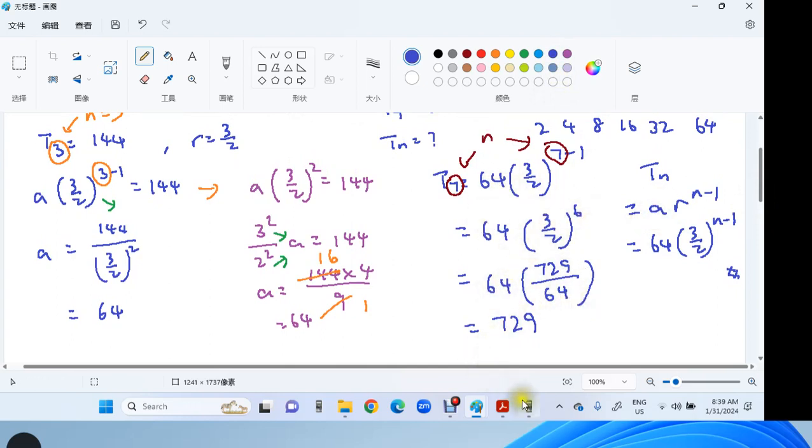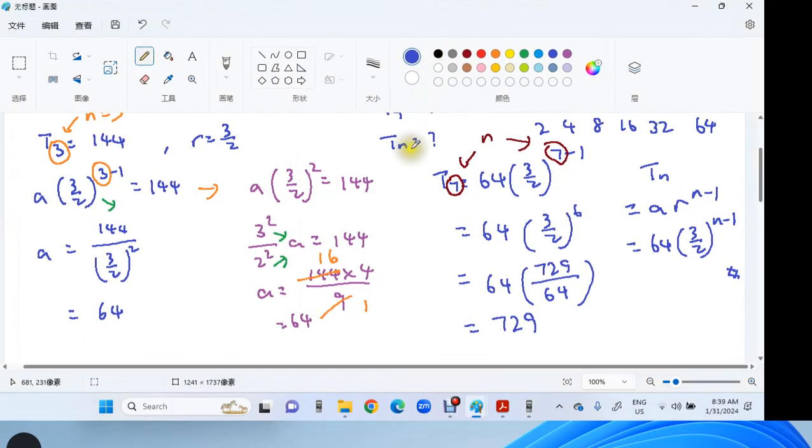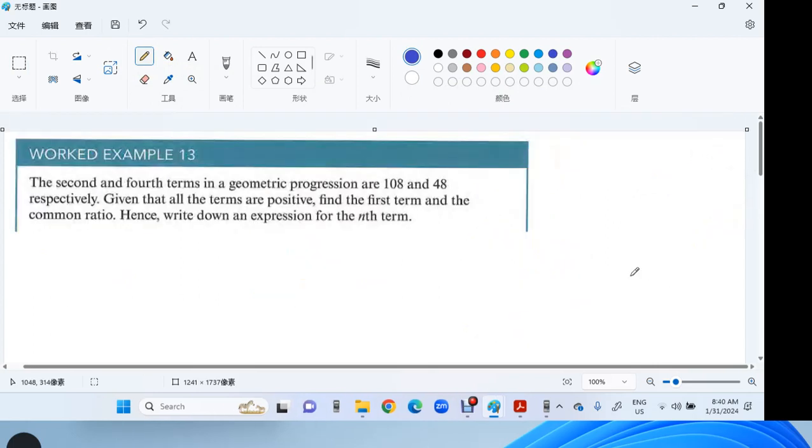For this one, we can actually use the calculator. 64 times (3 over 2) to the power of 6 is 729. I tried to solve it without using the calculator. So Tn in terms of n: A is 64, R is 3 over 2, power n minus 1. So this will be the answer.